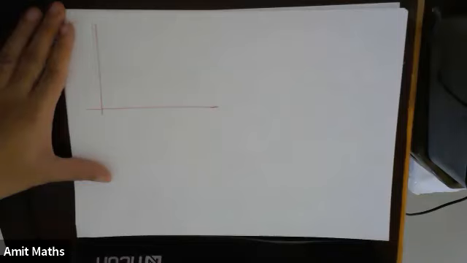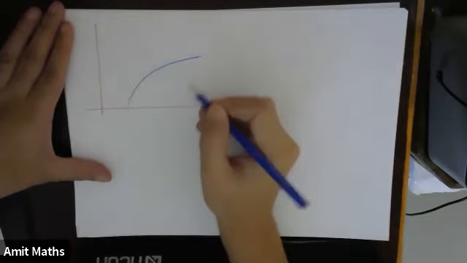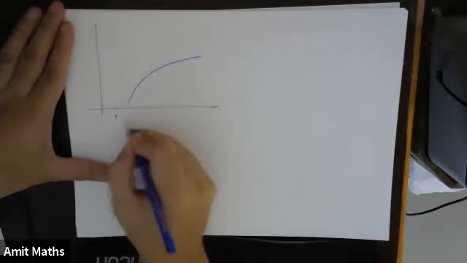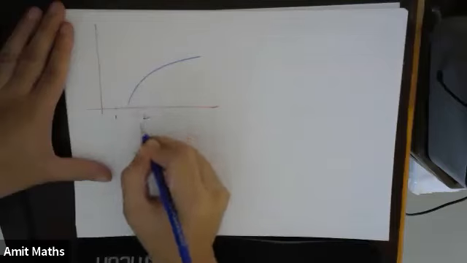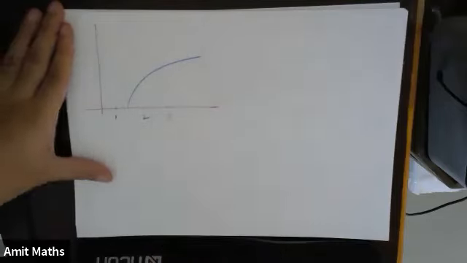So the question given is that the graph, these are x and y axis. So the graph given is something like this. This is 1 and this is 2. Okay, and then 3 and so on. So this is the graph.